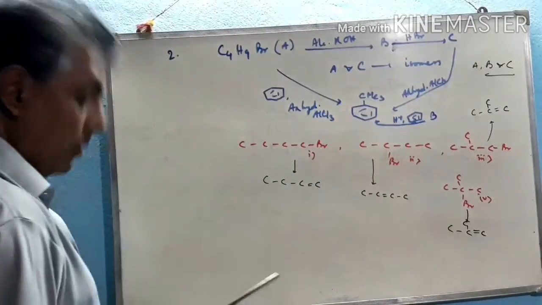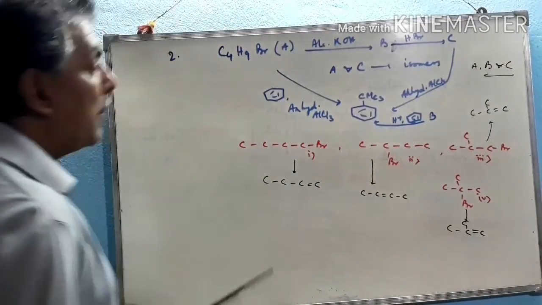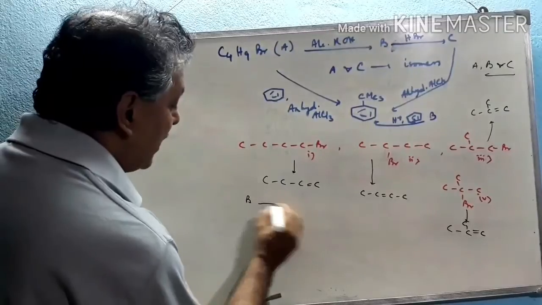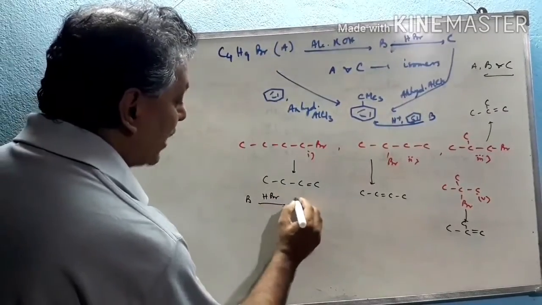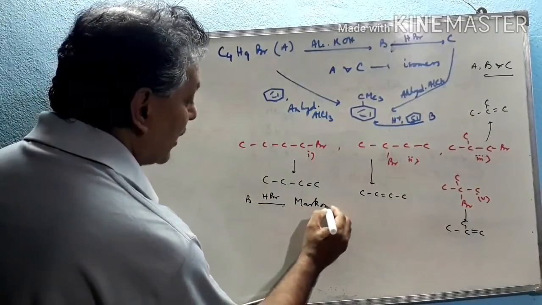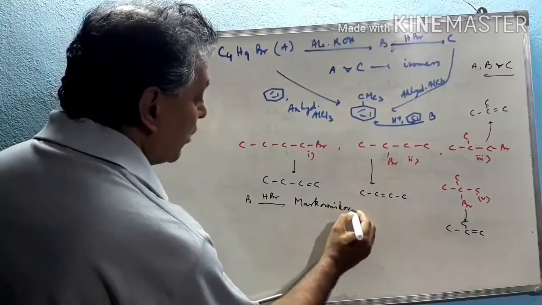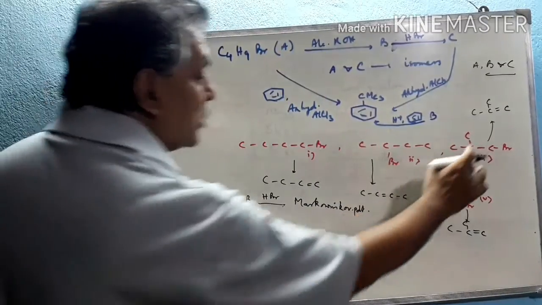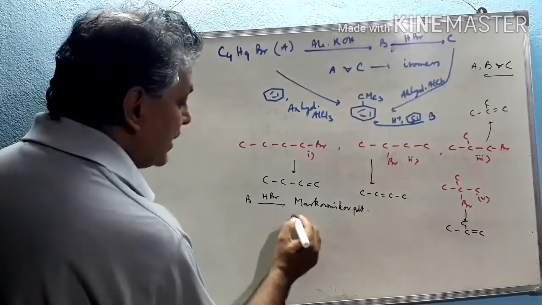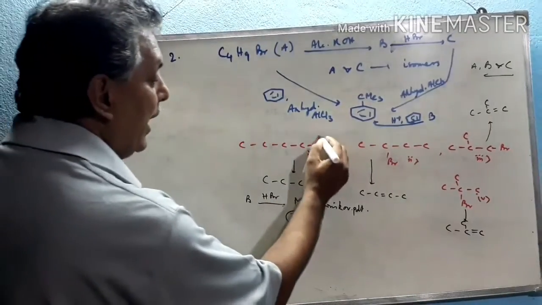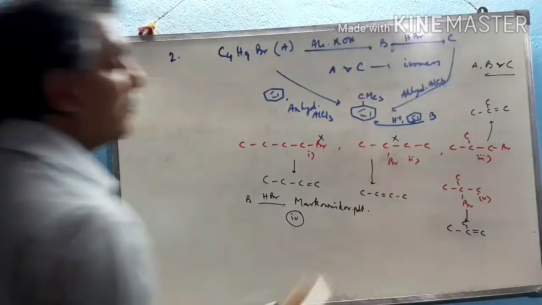Now which one will be A? We have to identify. First, B when treated with HBr gives the Markovnikov product. Among these two, we know that 4 is the Markovnikov product. So 1 and 2 are cancelled here.